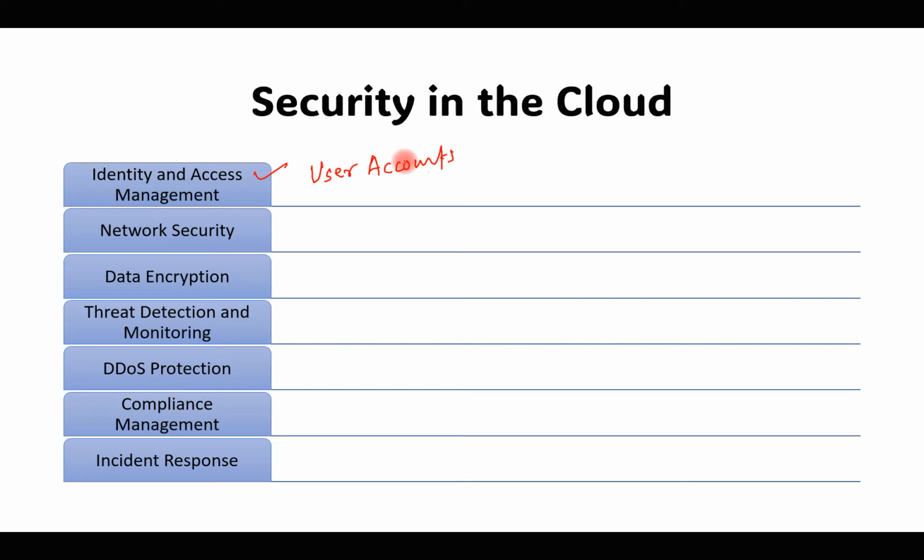These user accounts are known as identities, along with the permissions these users have on the cloud service resources. These resources are your virtual machines, network, databases, storage, whatever resources you are using. Which user has what permission, it manages through IAM.